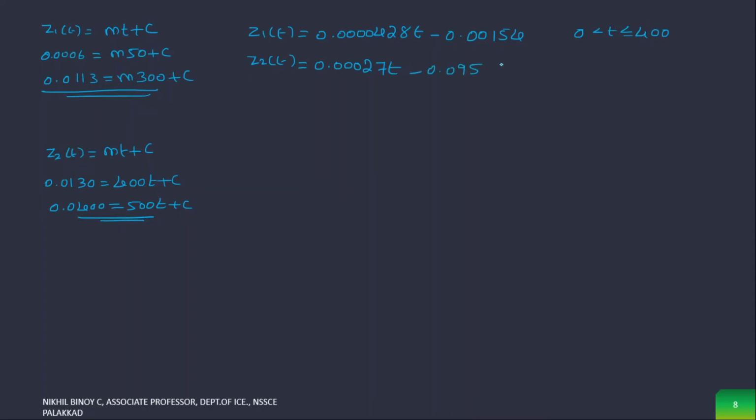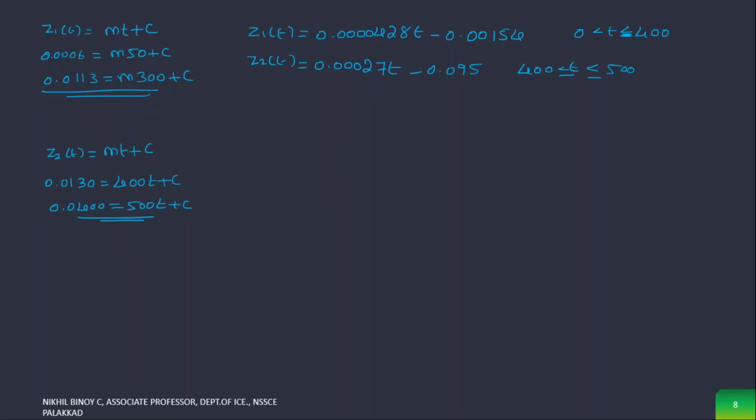This one is for 400 less than or equal to t, because we are modeling this one using 400. So 400 less than or equal to t, less than or equal to 500.